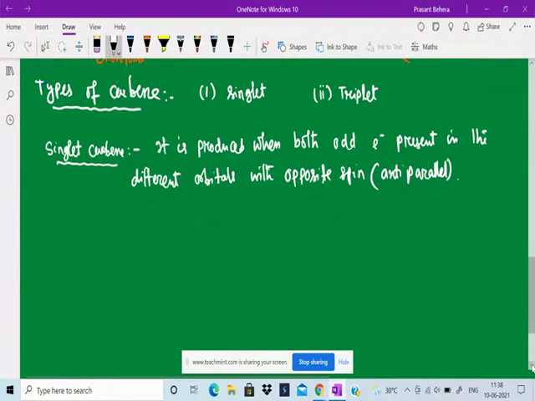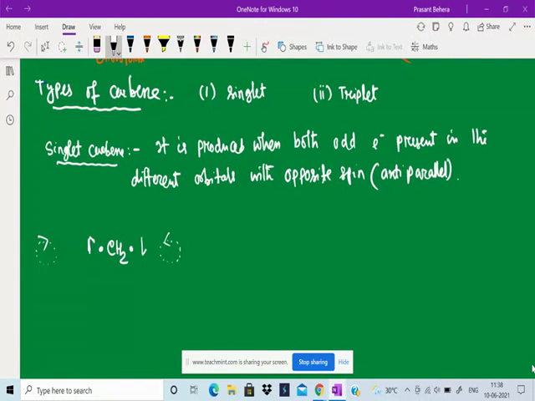That means in the carbene CH2, here is an odd electron, here is another odd electron, two odd electrons with opposite spin. This one is spinning clockwise, and here is another spinning anti-clockwise.